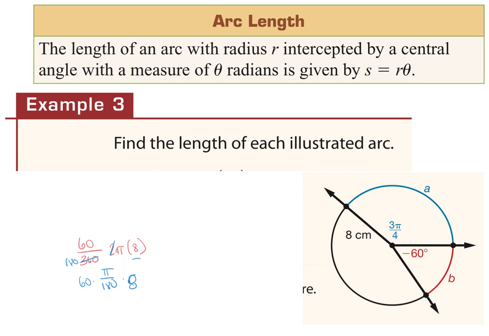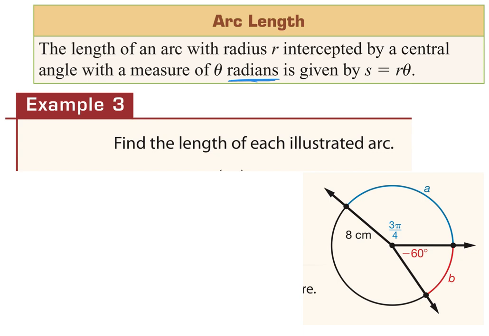So let's look at these two examples. The first thing it tells you is that the angle measure has to be in radians, all right? And so if I want to find both of these measures, A and B, if I want to find A, I'm going to take the angle that makes up A. This one is already in radians.